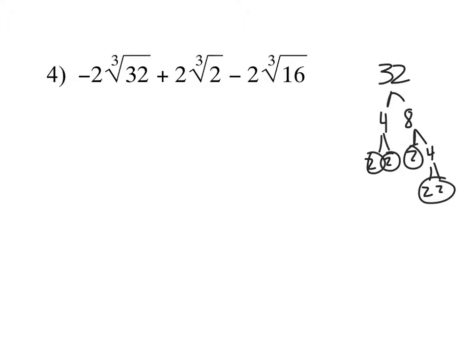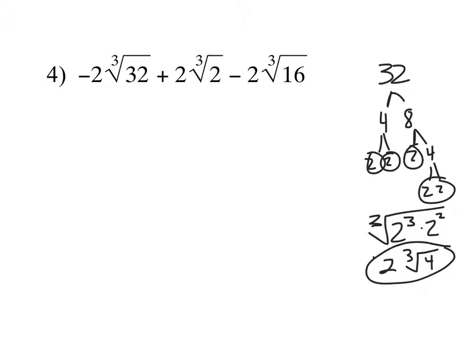So now the cube root of 32 becomes the cube root of 2 cubed and 2 to the second. Well, that 2 cubed comes out, so that's a 2. And the cube root of 2 squared, 2 squared is 4. So now what I'm going to do is change this right there in for that guy.